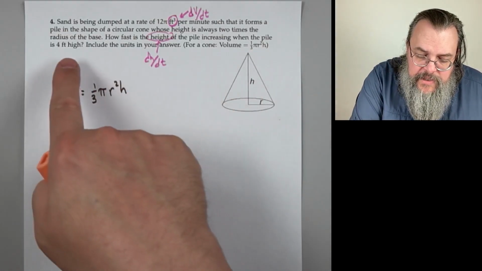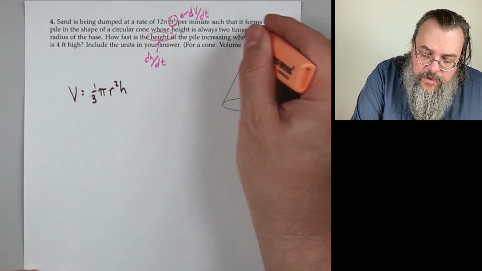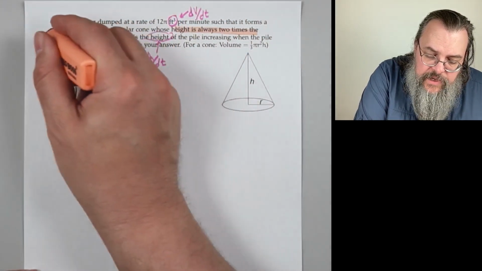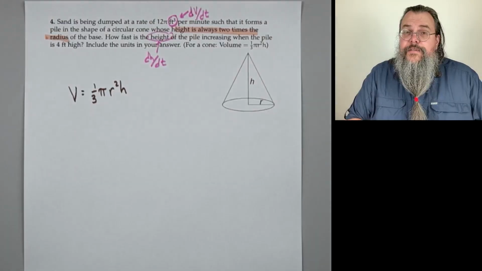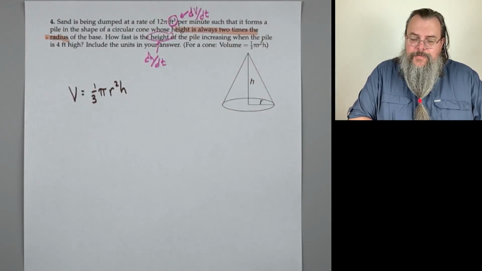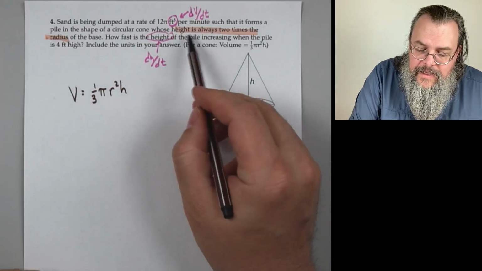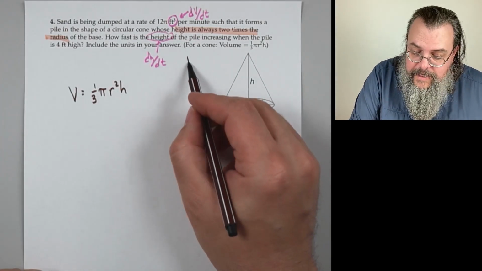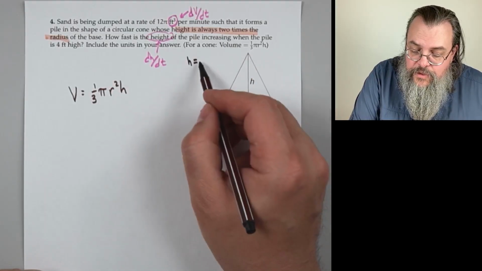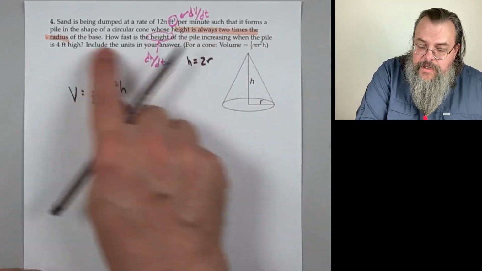It forms a pile in the shape of a cone whose height is always 2 times the radius of the base. What is that telling us? Well, it tells us the following. Height is 2 times r. That's just taking that statement.